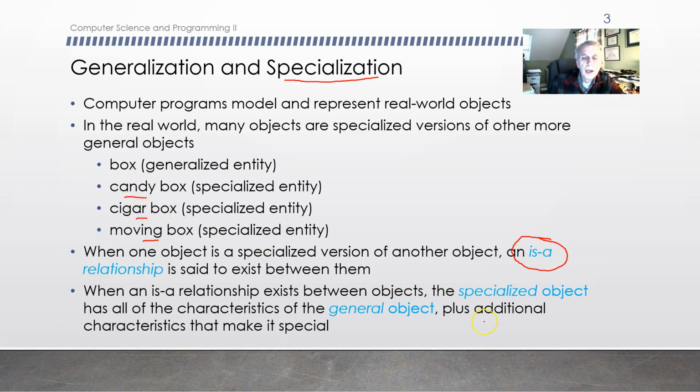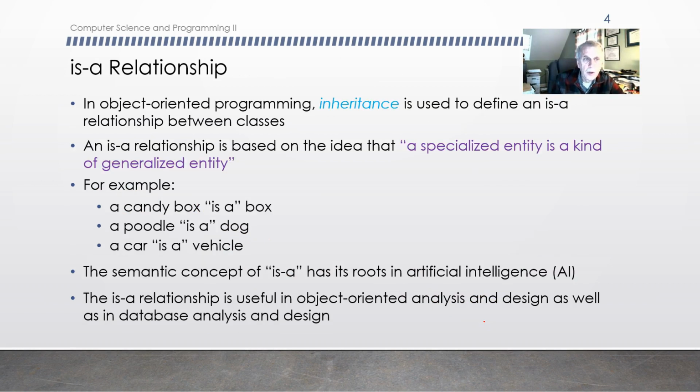And this gives rise to the concept of something called inheritance, because whatever is common is then inherited by everything that is one of those things. So an is-a relationship effectively captures the notion that a specialized entity is a kind of a generalized entity. A candy box is a box. A cigar box is a box.